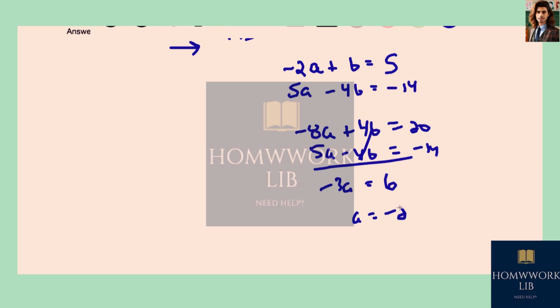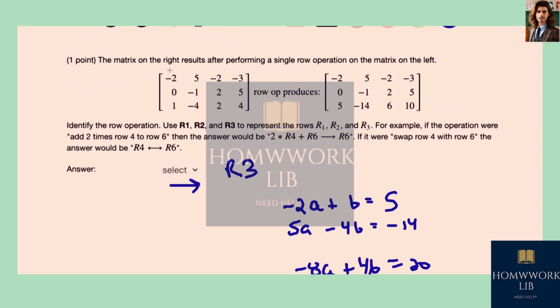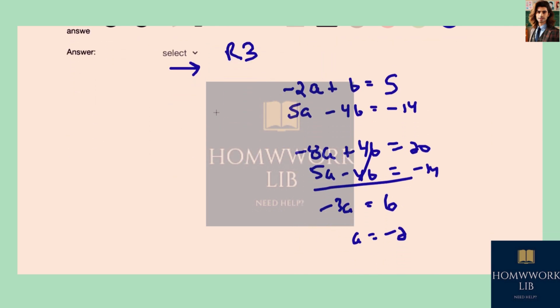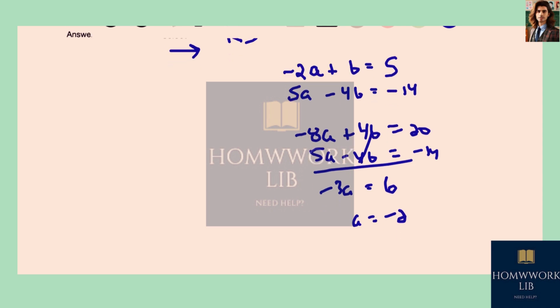And that would mean that A would be what you multiply row 1 by. And if A is -2, using the first equation, it would be -2 times -2 plus B equals 5. So 4 plus B equals 5, and so B equals 1.